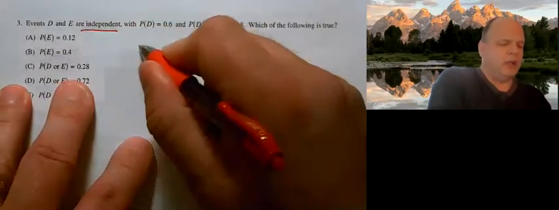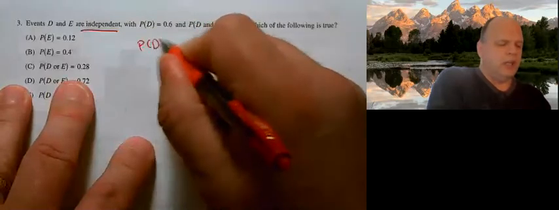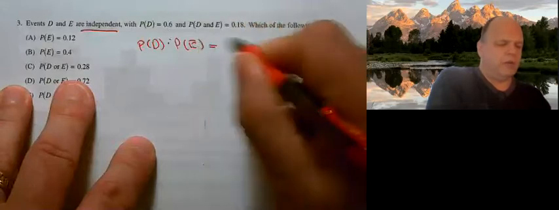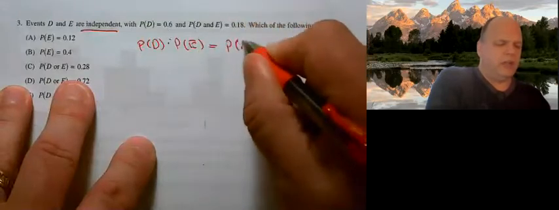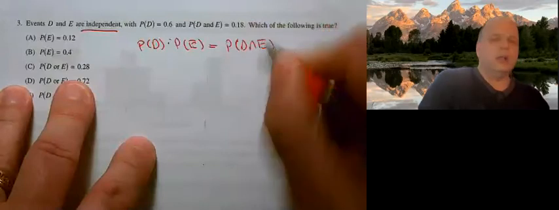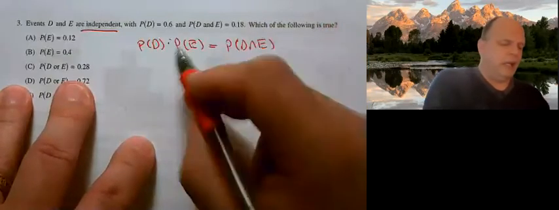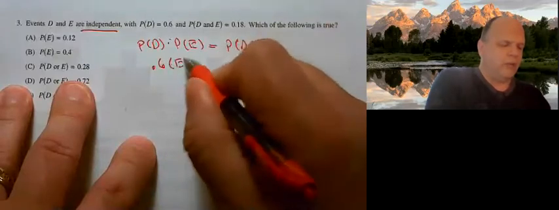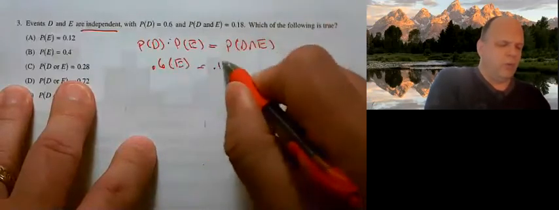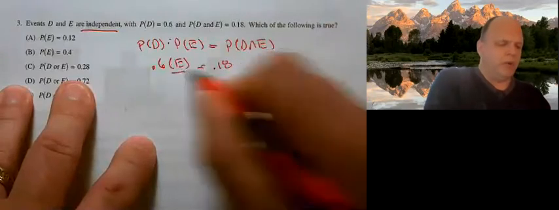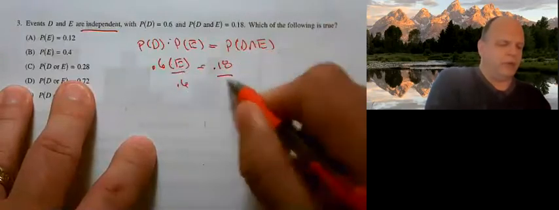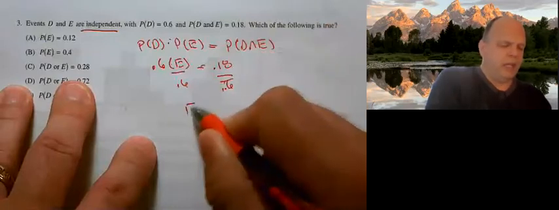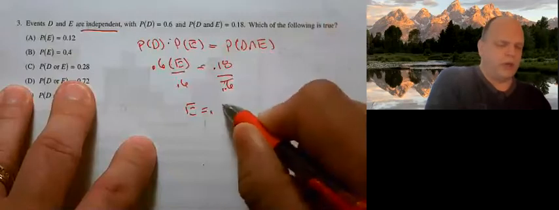So if they're independent, the probability of D times the probability of E equals the probability of D and E. So I can plug in, and I go, well, 0.6 times E equals 0.18. And I divide both sides by 0.6. And I find out that E equals 0.30.